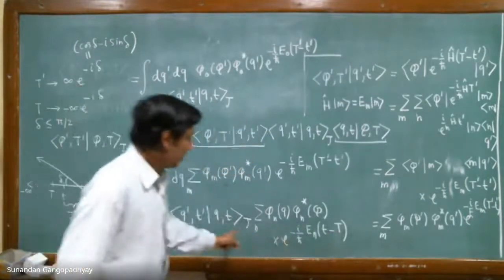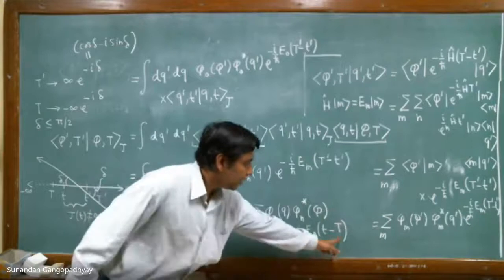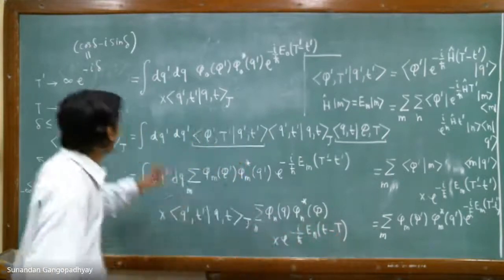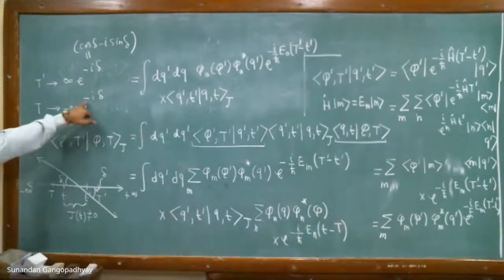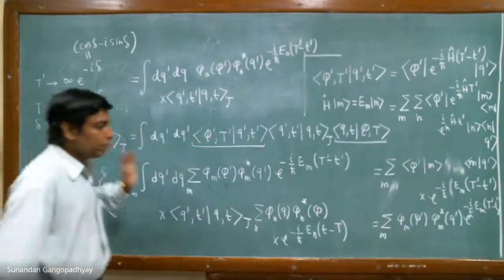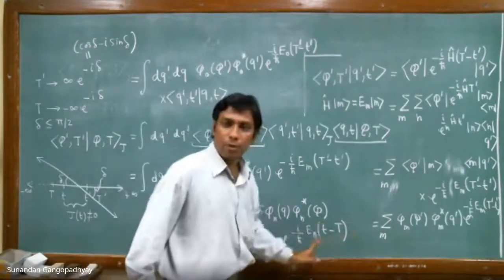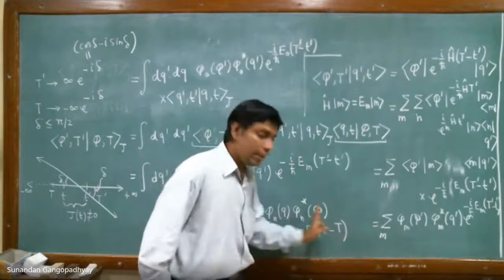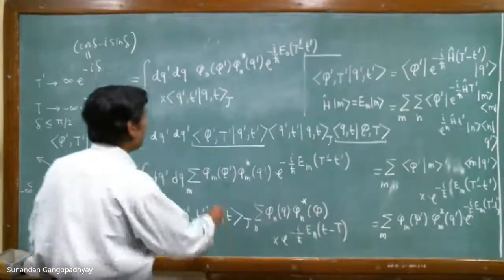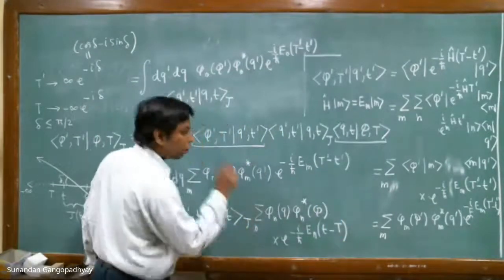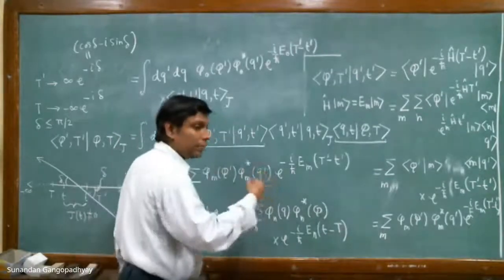So here also, see capital T, you take this limit minus infinity e to the power minus i delta, and you will be able to see that in this limit, once again by the same argument, it isolates the ground state. Therefore, only the n equal to 0 term will survive, or rather we keep that term.